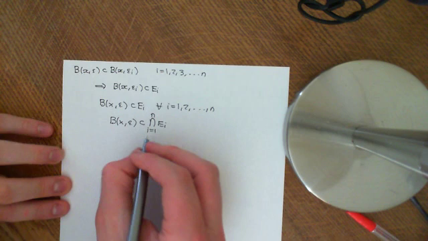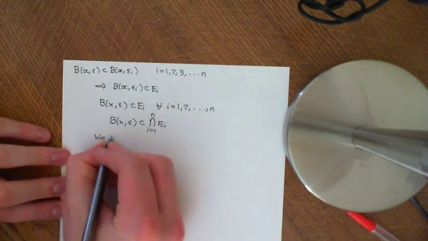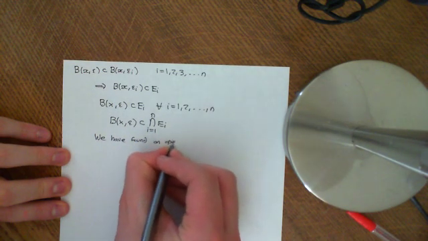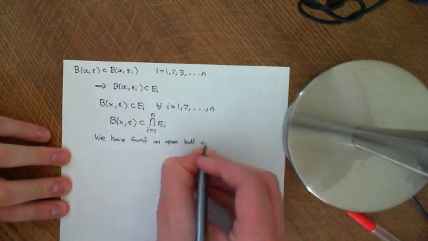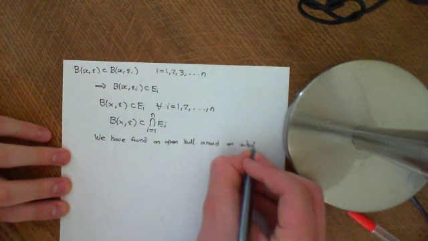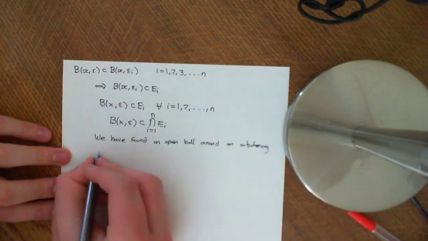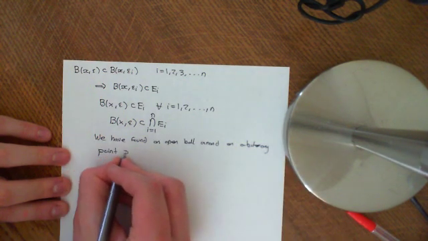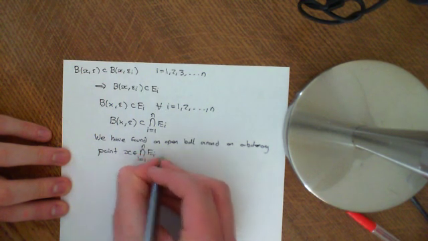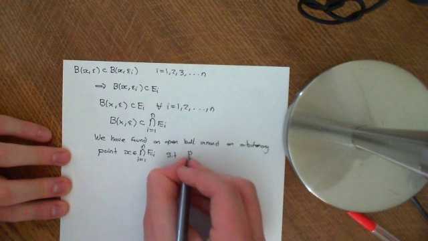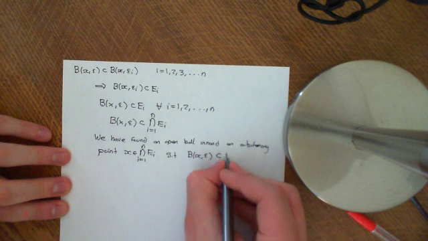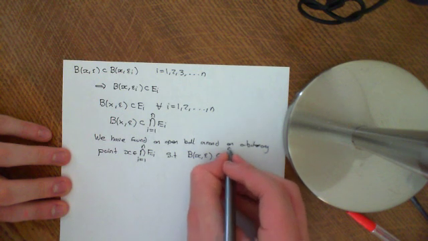And then what we've done is we have found an open ball around an arbitrary point x, which is an element of this intersection, such that this ball around the point x of radius epsilon is completely contained within this intersection, the intersection of E_i for i equal to 1 to n.